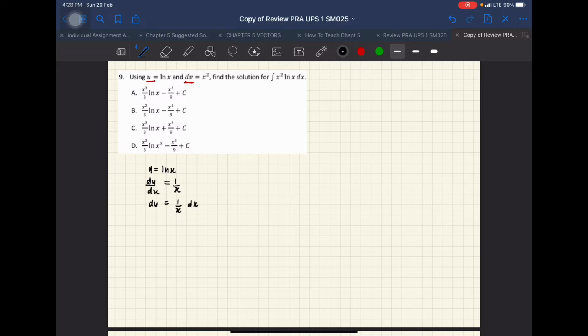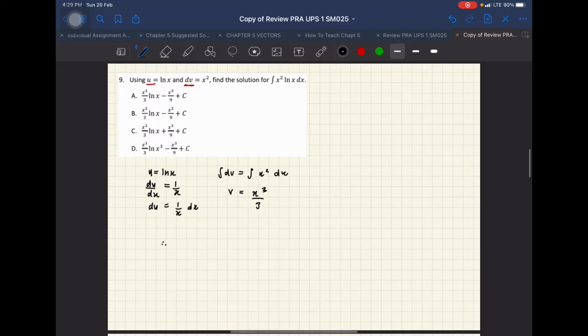Okay, what about dv? So we have integral dv is equal to integral x squared dx. Okay, so we want to find v, so you integrate both sides. Okay, so you will get x cubed over 3. Okay, so let's substitutekan dia dalam equation of by parts. So awak akan dapat uv.